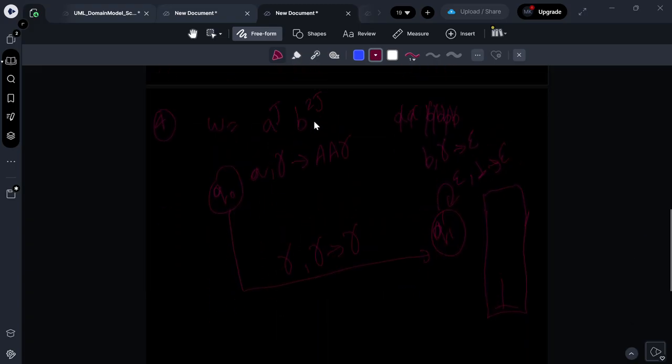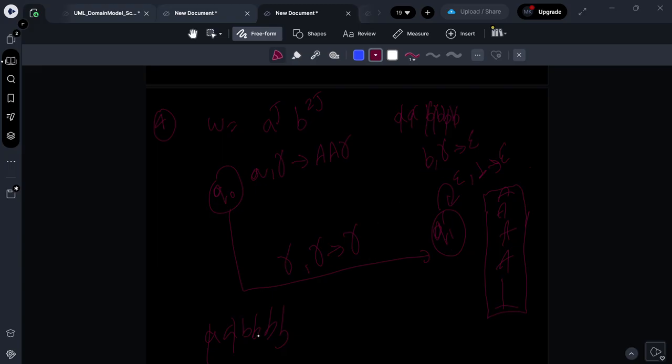Now here we have a^i b^2i, meaning that the number of B's is 2 times the number of A's, meaning A, B, B, B, B. So B's are two times, multiplied. When we read A one time, we read B 2 times. Now we change the state, whatever is on the stack, replace it and go here.